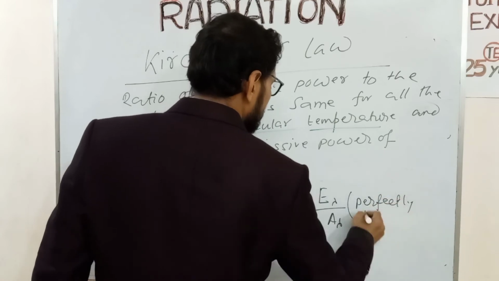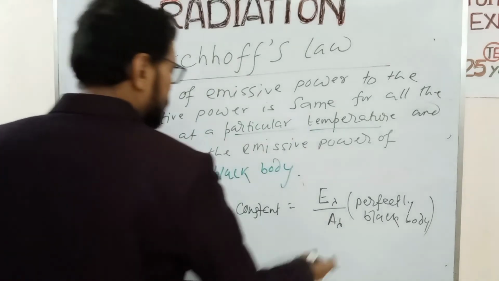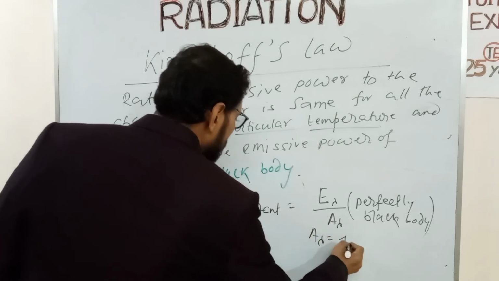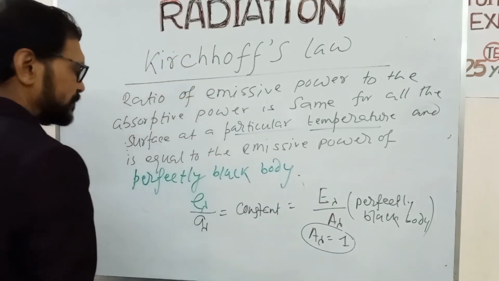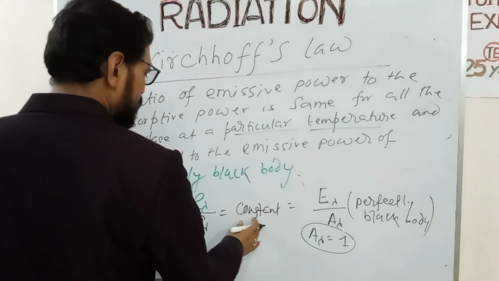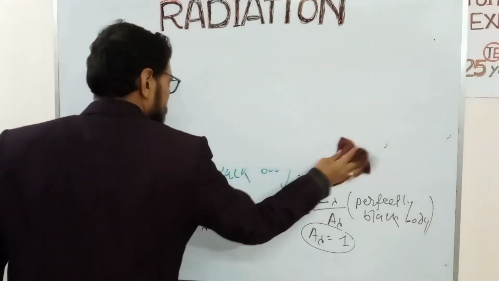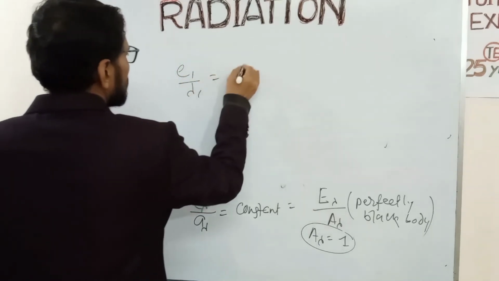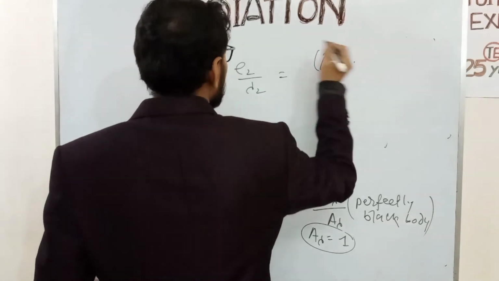Now we know that for a perfectly black body, the absorptive power A lambda is unity. So E lambda by A lambda equals E lambda, that is the emissive power of the perfectly black body. E lambda by A lambda is constant. So E1 by A1 equals E2 by A2, equal to a constant, equal to E, that is the emissive power of the perfectly black body.